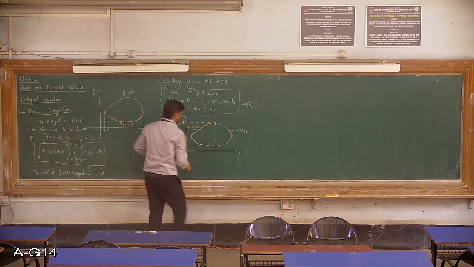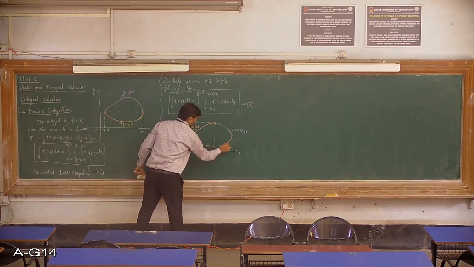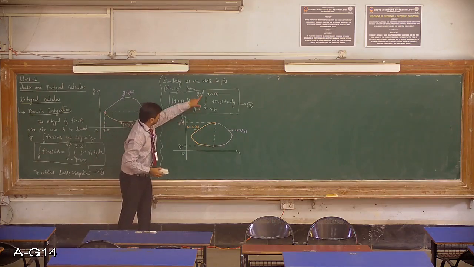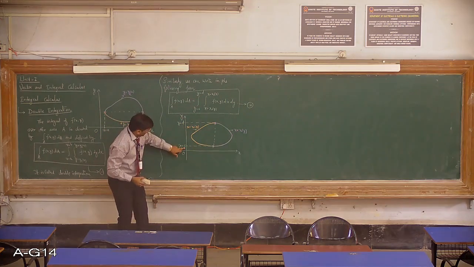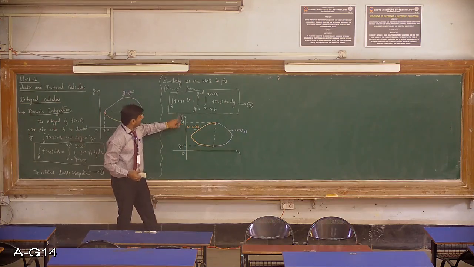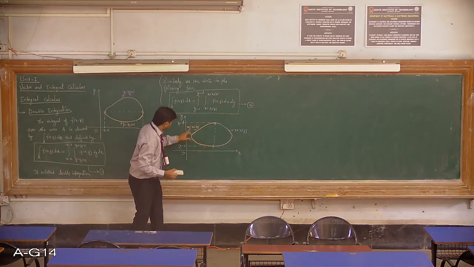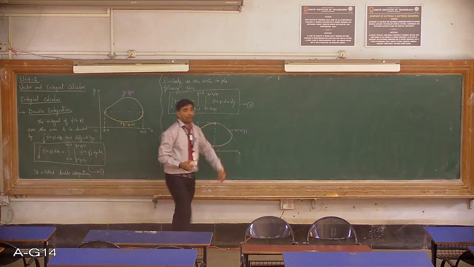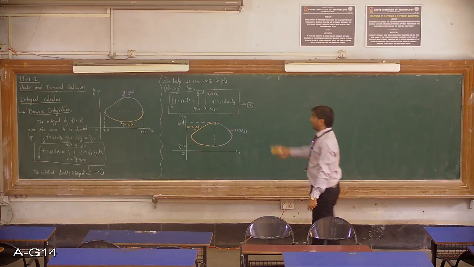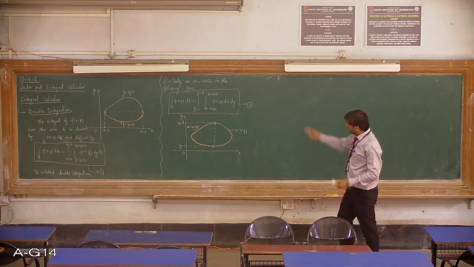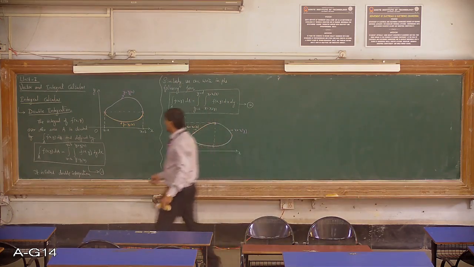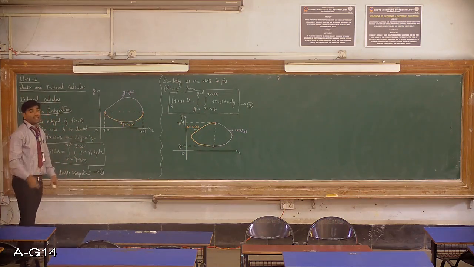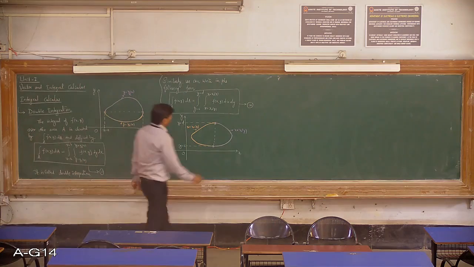From the beginning, you can see y equals c to d along the y axis, and along the x axis, this curve, x equals x1 of y to x equals x2 of y, f of x comma y dx dy. These two are similar definitions, and equations 1 and 2 are both the same. They are not different; they'll yield the same answer if you use either one of them.